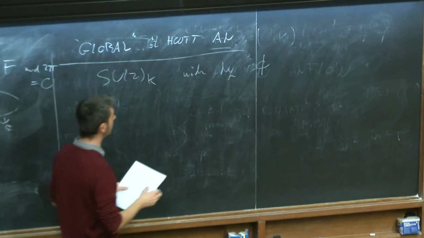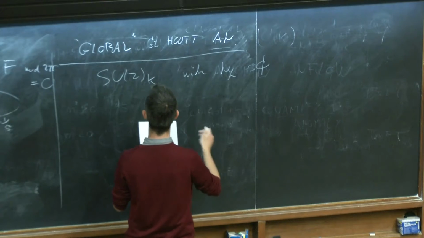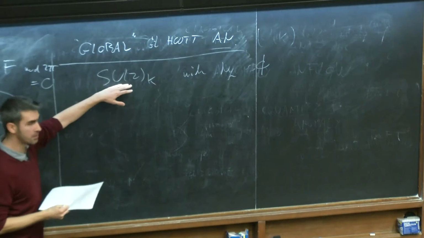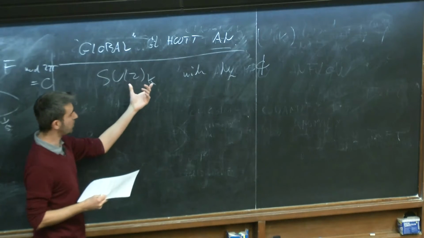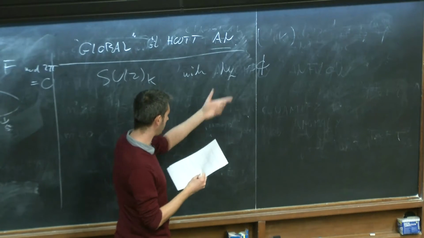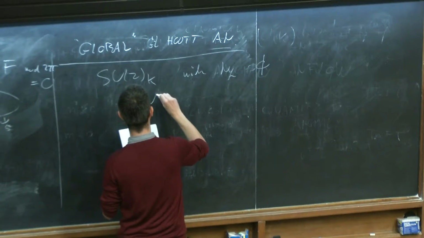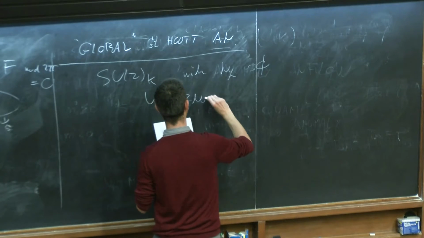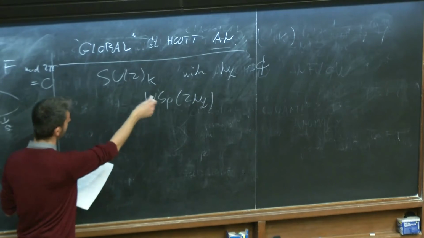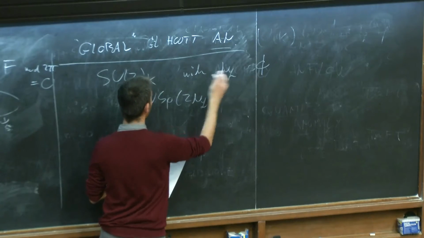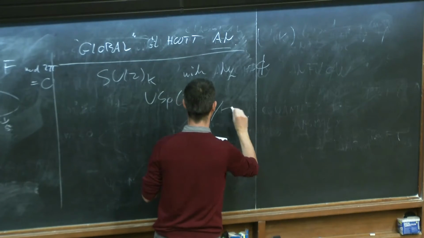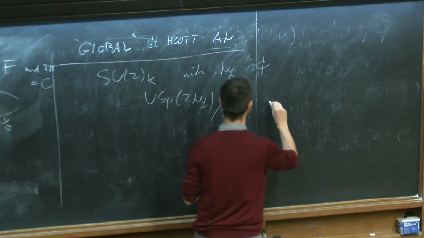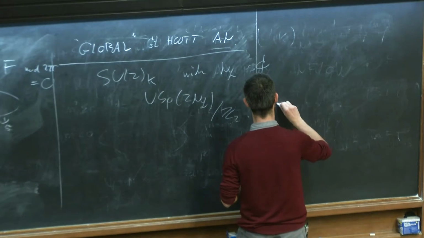So what is the global symmetry in this theory? Well, this is a bit special because SU2 is the same as USp2, and so really SU2 has only pseudo-real representations. And so it turns out that the global symmetry in this theory is USp2NF. But in fact, again, we have to divide by the center because the center is gauged here. So it's very similar to the case that I discussed before. So this is the faithful global symmetry.